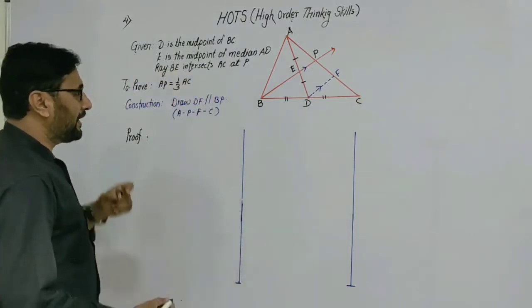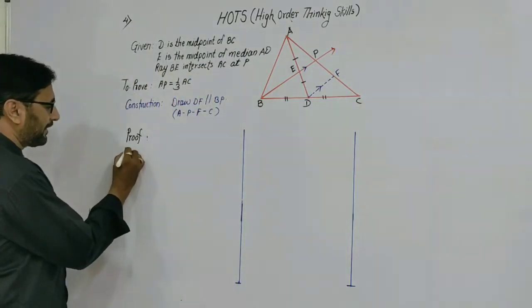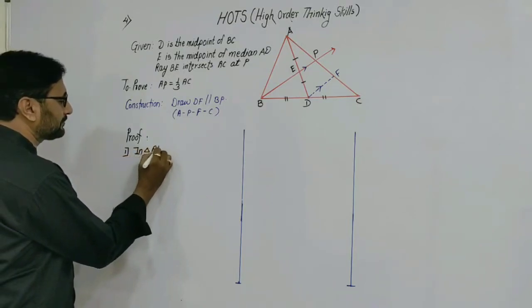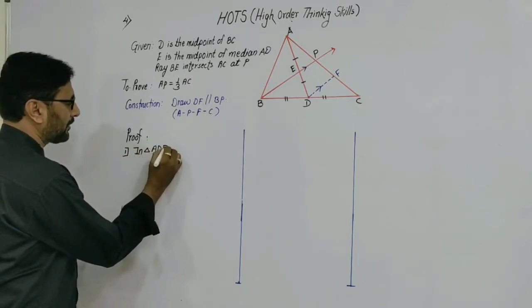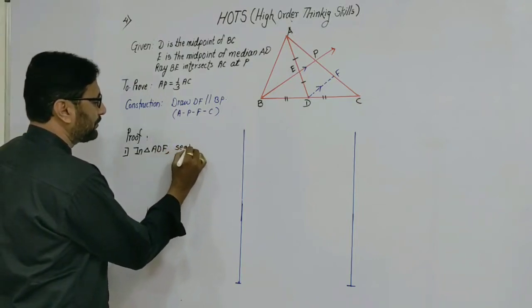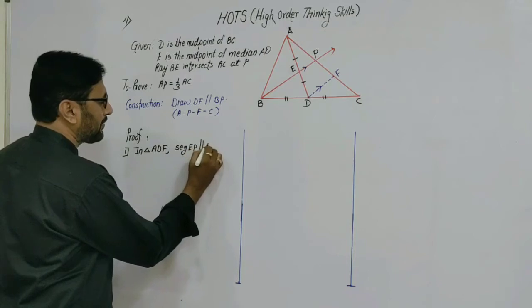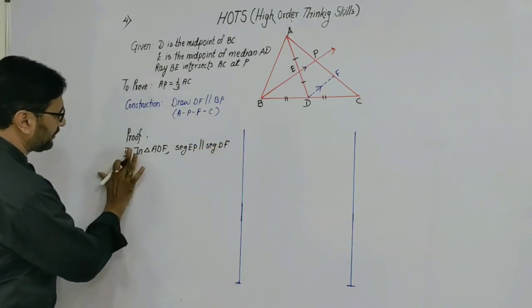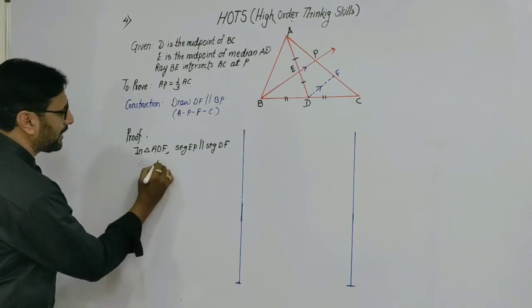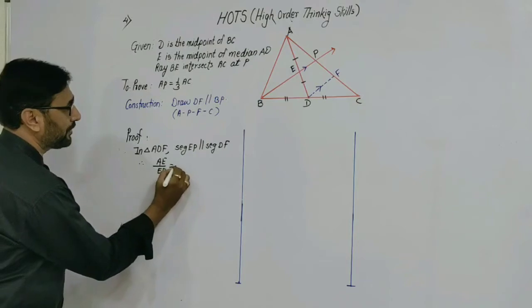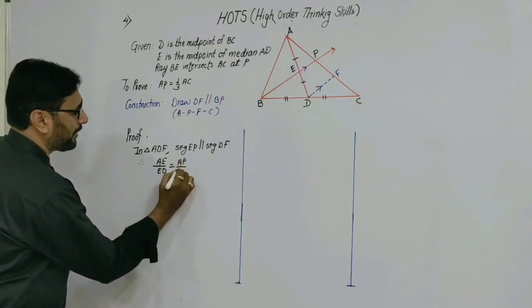Consider the triangle ADF. In triangle ADF, you know, EP is parallel to segment DF. Therefore, AE upon AD is equal to AP upon PF.